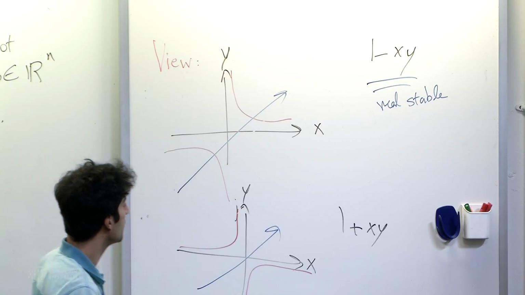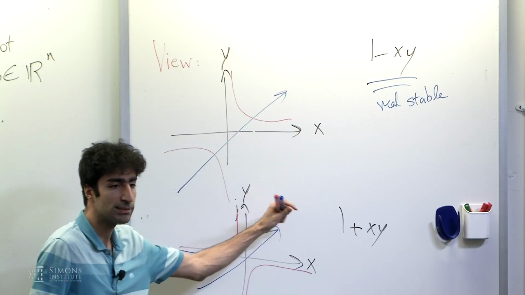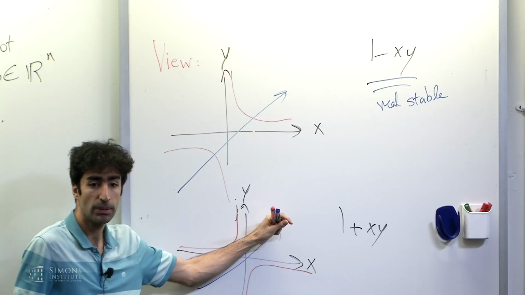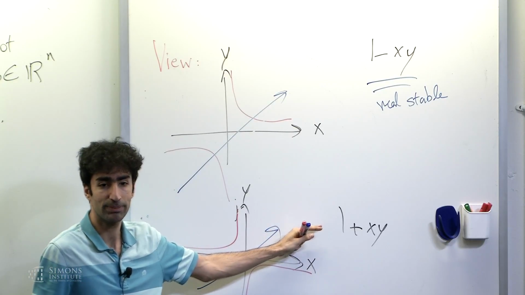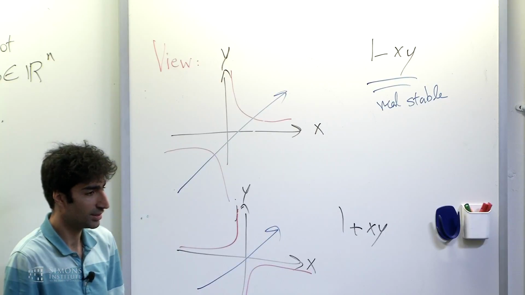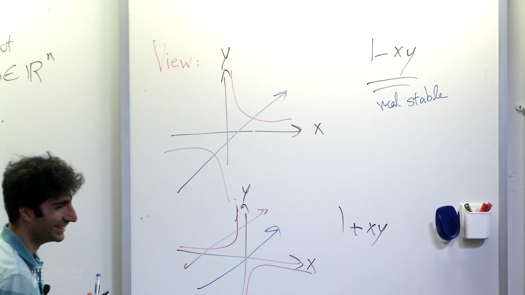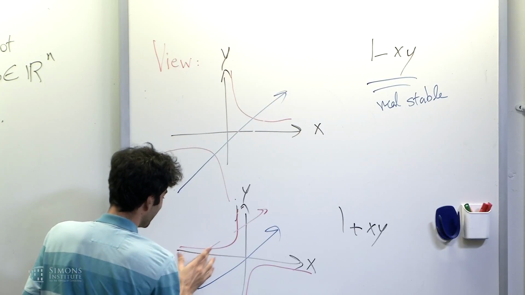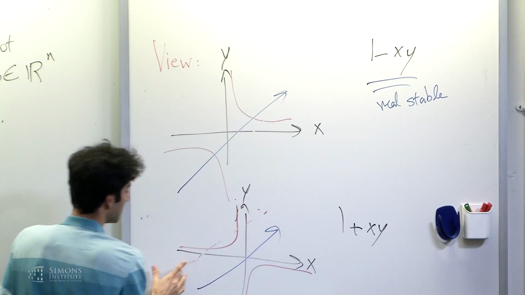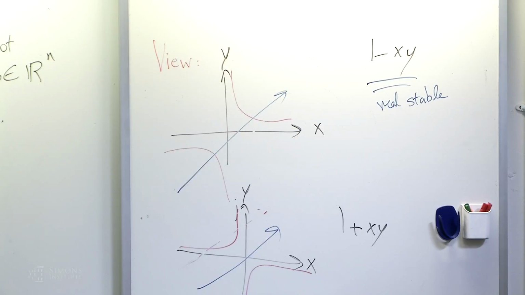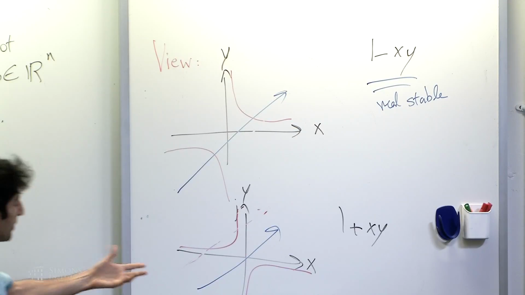So even though this polynomial has degree 2, there are some lines pointing to the positive orthant such that there are no roots in the real space. Okay, so it's not all lines, but there are some lines pointing to the positive orthant such that if you restrict your polynomial along those lines, you see no roots. So this polynomial is not real stable.